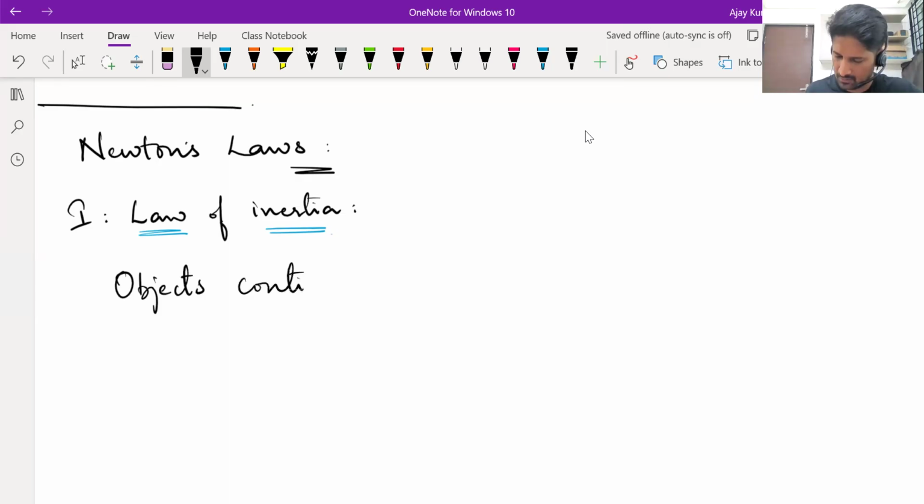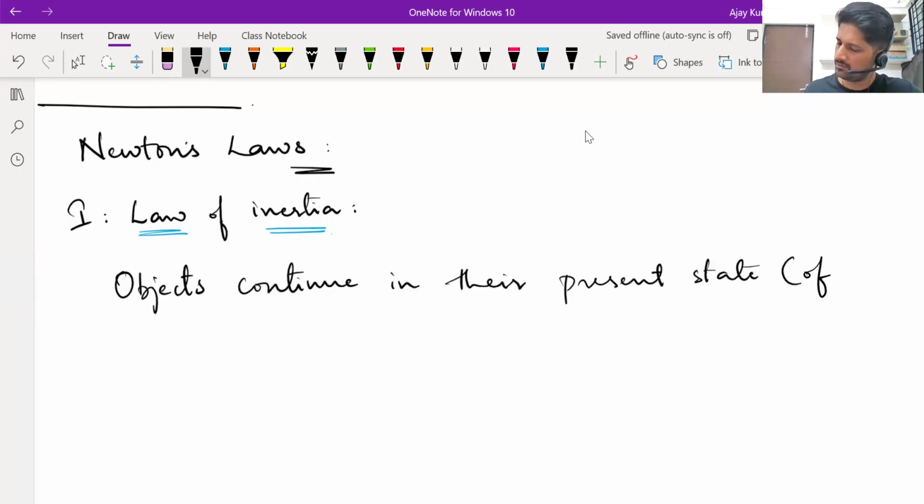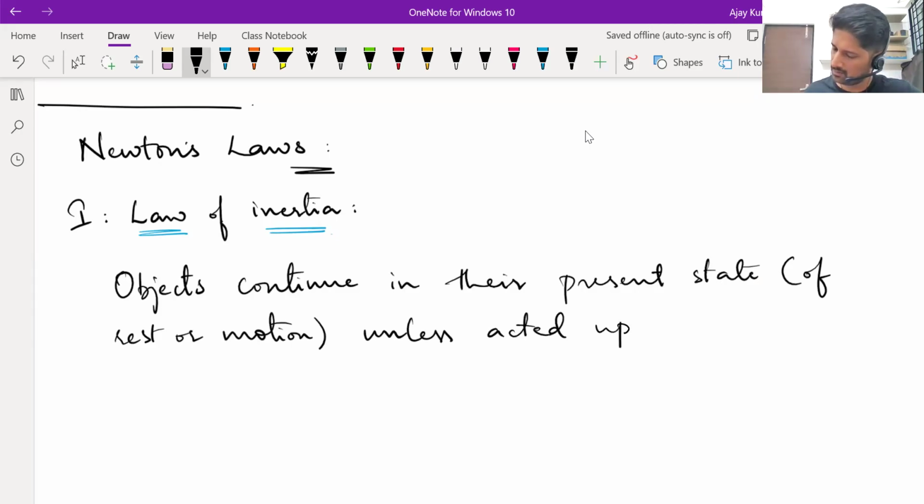Objects continue to be in their present state, of rest or motion, unless acted upon by a net force.